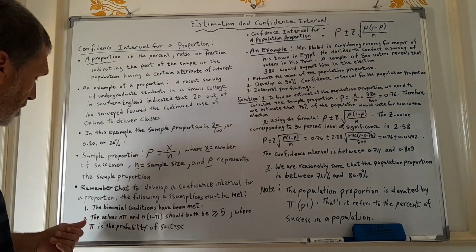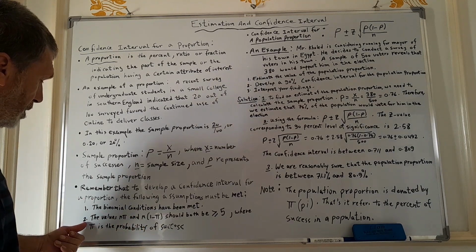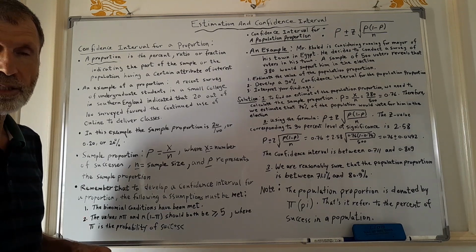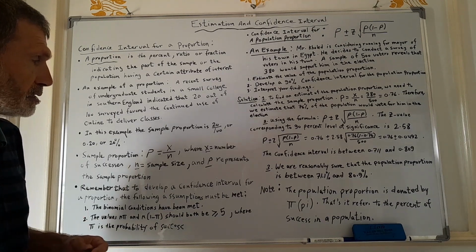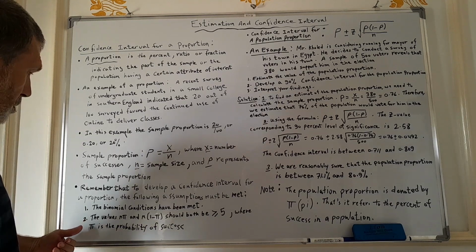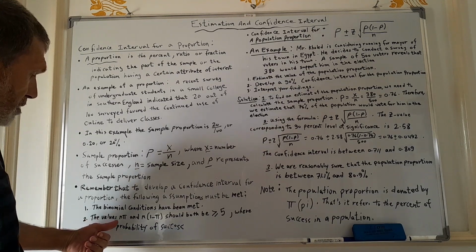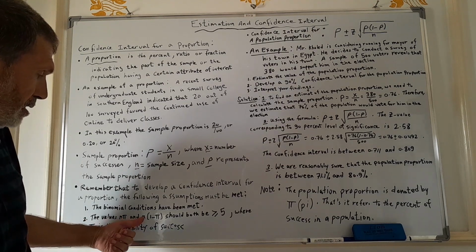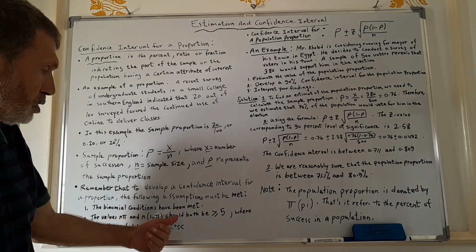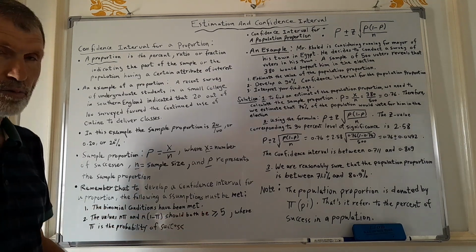Now the second assumption that needs to be met is that the values n pi and n times 1 minus pi should both be greater than or equal to 5.